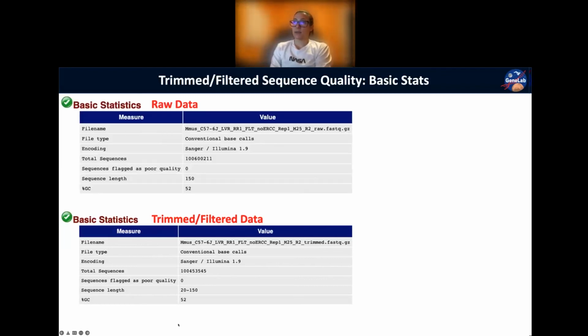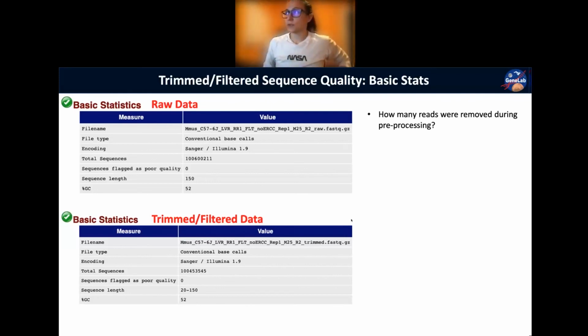And just for some comparative analysis, I'm going to pull up those same values from the raw data. I want you guys to take a look at how these values have changed in the trim data and answer some questions. The first one is, how many reads were removed during the pre-processing? So how many reads were removed when we did the trimming?